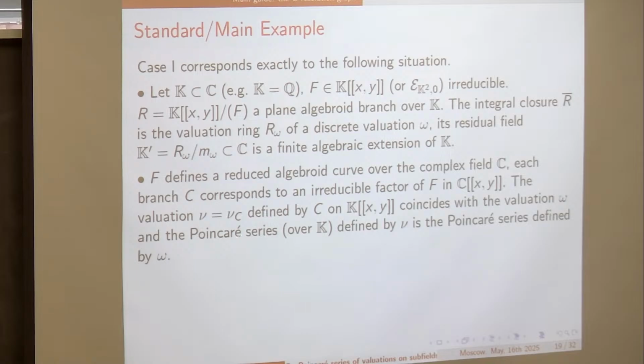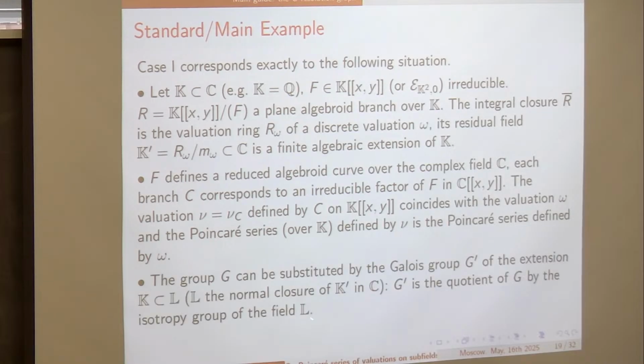All these valuations for any branch give you the same valuation: when you restrict to the ring over K, it gives you the same valuation. And the Poincaré series over K we defined before is just the same, of course. The valuation is the same, no problem. Okay.